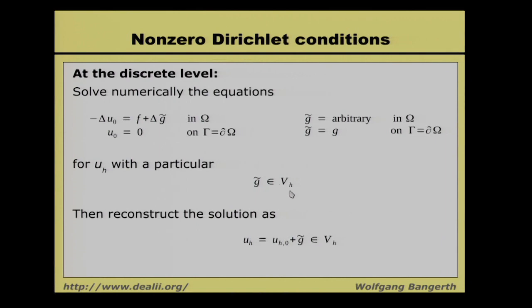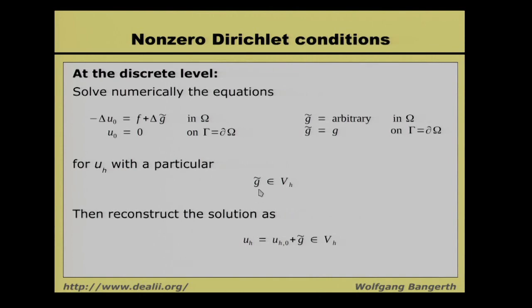And I would like to do this because then I can reconstruct the solution u_h of the original problem by adding the discrete solution to this problem here with zero boundary values, okay, plus g tilde, which is also in V_h. So I'm adding two objects that live both in the finite element space, and as a consequence, u_h also lives in the finite element space.